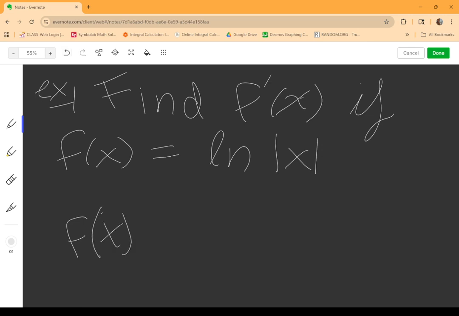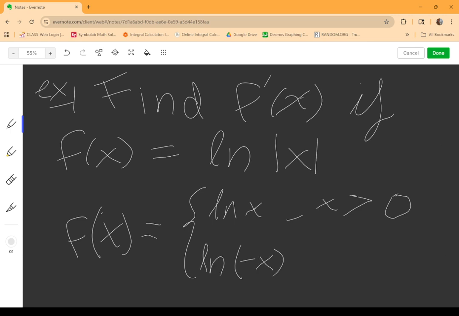So f of x will be equal to ln of x for x bigger than 0, and ln of negative x for x less than 0.